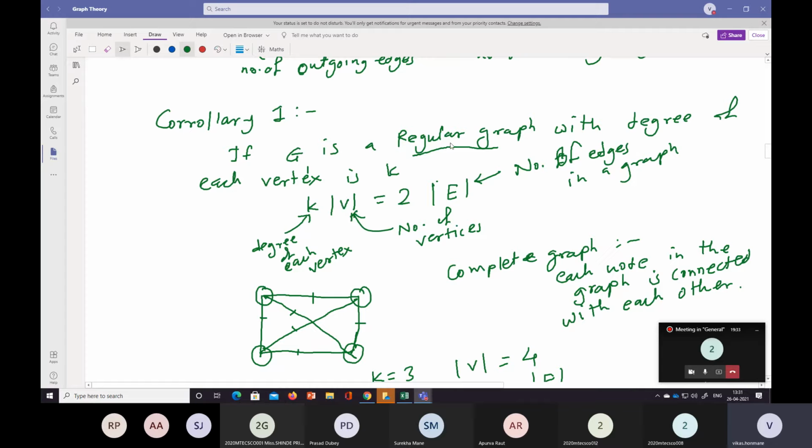Okay, so if G is a regular graph with degree of each vertex k, then k into v is equal to 2 into e. Okay, it is again related to the theorem 1, the handshaking theorem. What is that handshaking theorem?